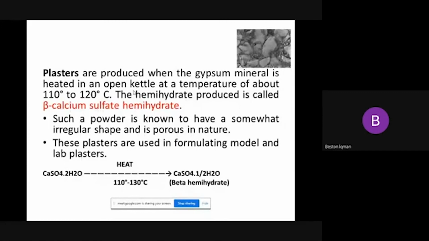What are the uses of dental plaster? As you know, to make molds and primary casts. The important thing in the chemical reaction is that you must know the temperature and the type of the chemical reaction.